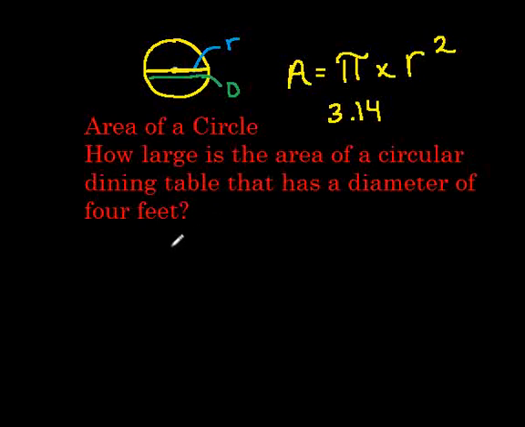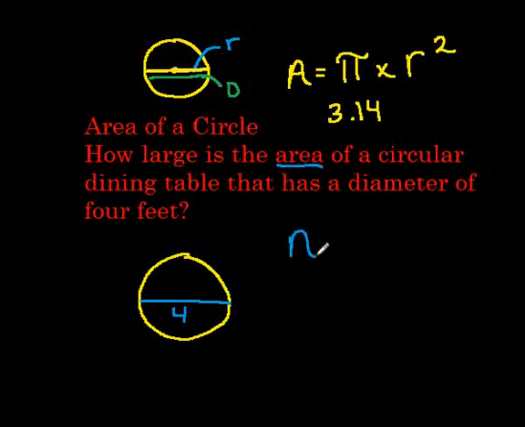Let's look at this example. It says, how large is the area of a circular dining table? There's my circular dining table, and it has a diameter of 4 feet. The diameter goes all the way across, and that's 4 feet. They want to find the area. The area formula is area equals pi r squared, and pi represents 3.14 times my r.